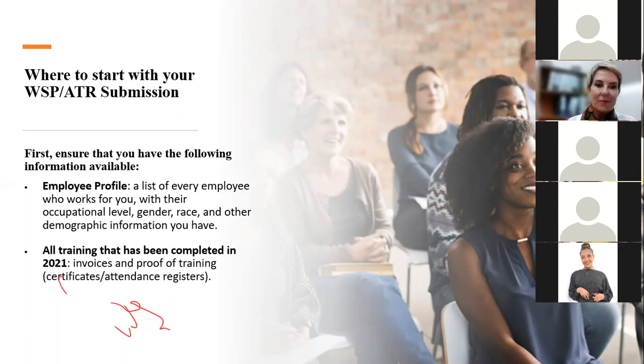And then secondly, for your ATR, make sure that you collate right through the year all the training that has been completed in 2021 when you are going to submit in 2022.